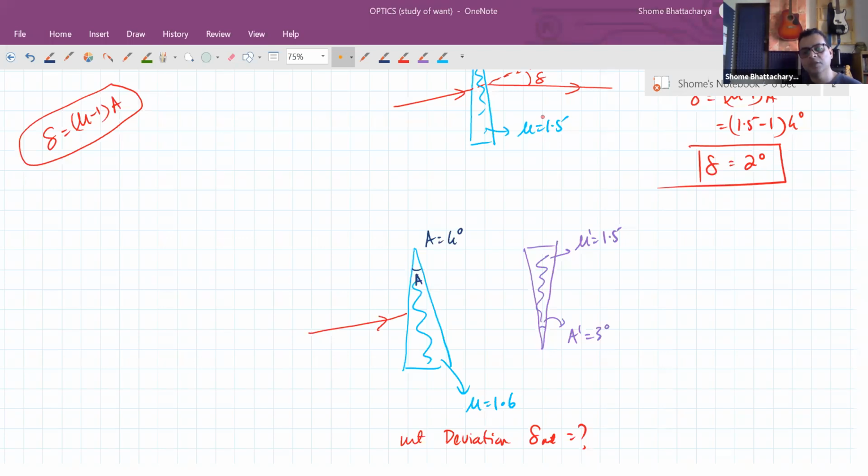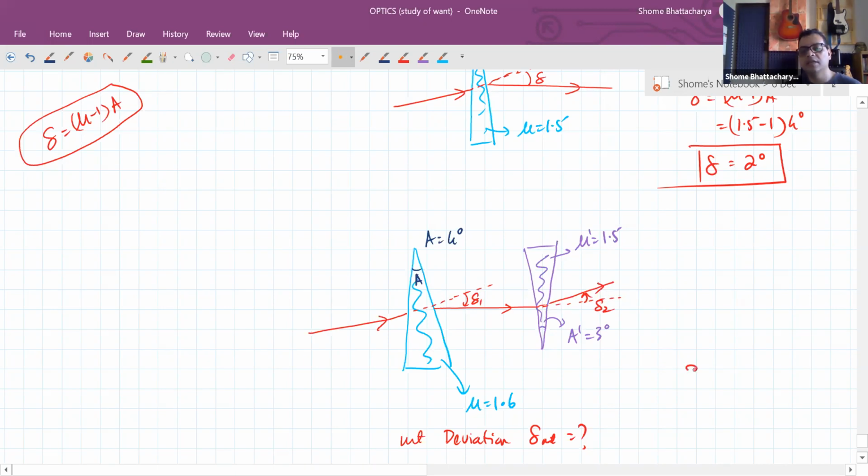Okay. So what will happen is that this ray will first come here with some deviation delta 1 like this, and then in this case it will deviate like this. It will deviate in the opposite direction.